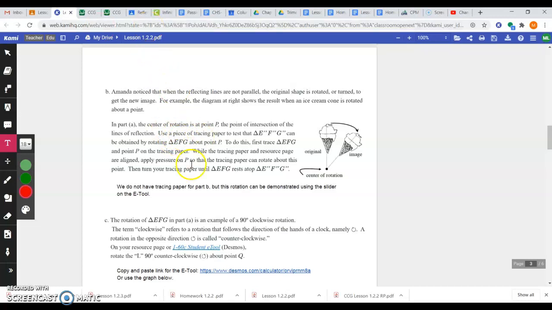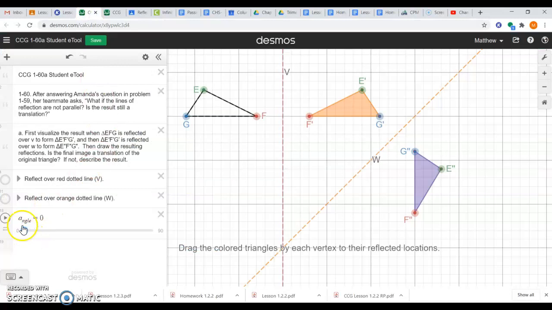It also talks about how if you had tracing paper, you could do it. We don't have tracing paper, so we don't really have an answer to B, but what I want you to do is use this E tool and just use this slider here, because you can see what that rotation is. It rotates about that point P of intersection, and if you rotate it 90 degrees, you land on what we need to. I must have screwed up my F a little bit here.